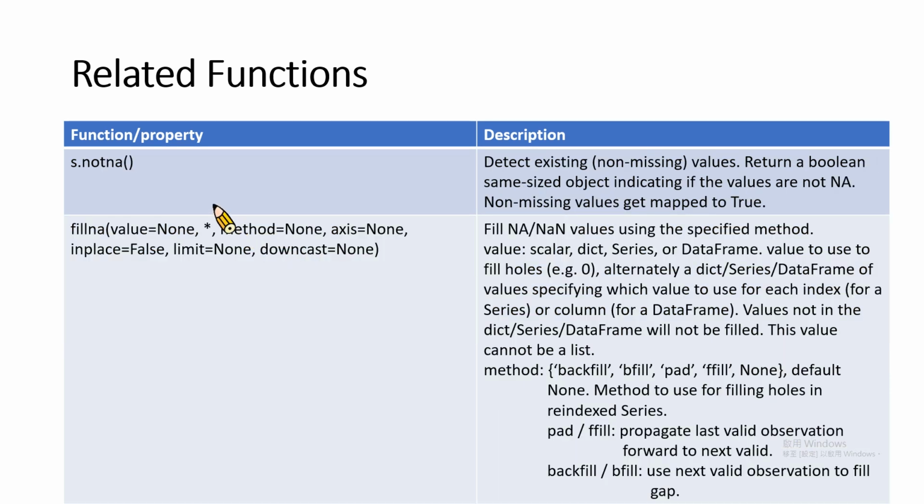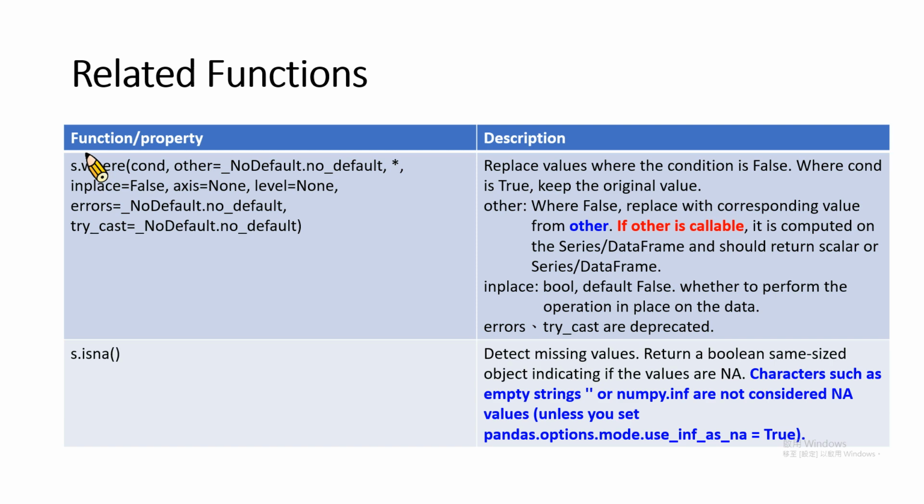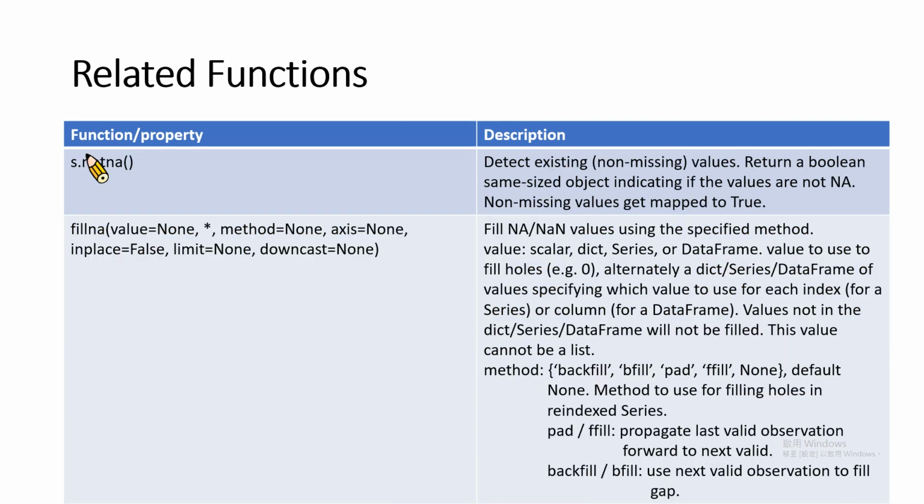Another is notna, for detecting existing values. You can think of it as just the inverse of isna. And fillna is used when you want to fill NA values with some value.